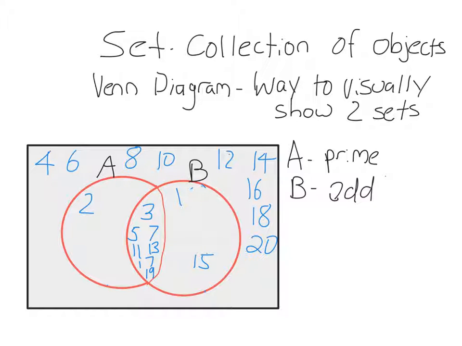And so we have special names given to each section of the Venn diagram. This section here contains elements, in this case numbers, that are in set A as well as set B. We call that A and B, but we write it like this, A with a little N-looking shape.